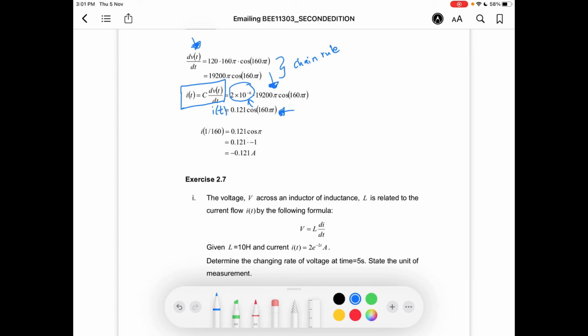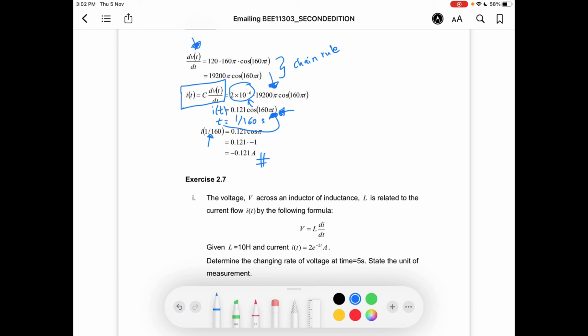Now the question asks you what is the value of the current when the time is 1/160 seconds. Easy, you just plug in this T into the T inside this bracket. We only have one T in the final solution here, which is 160 pi T. So make sure you plug in this value correctly, and finally you can get the answer.